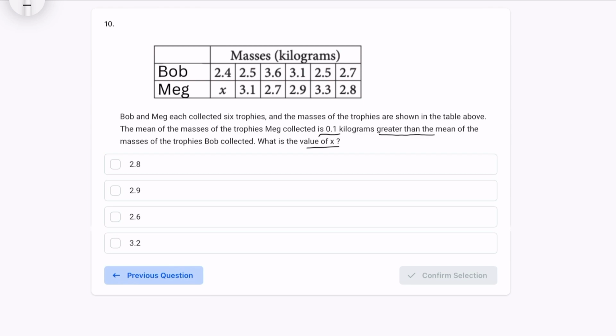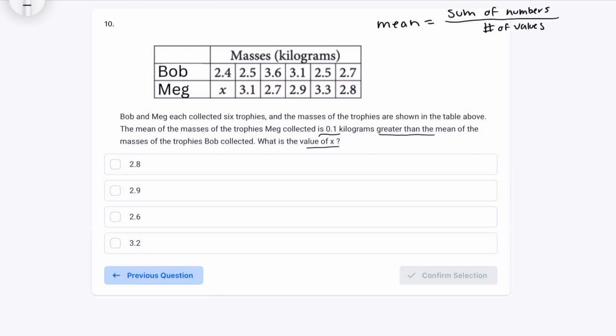Okay, so the mean of a set of numbers can be found by what? The mean is equal to the sum of the numbers in the data set over the number of values. Right, that's how we can find the mean.